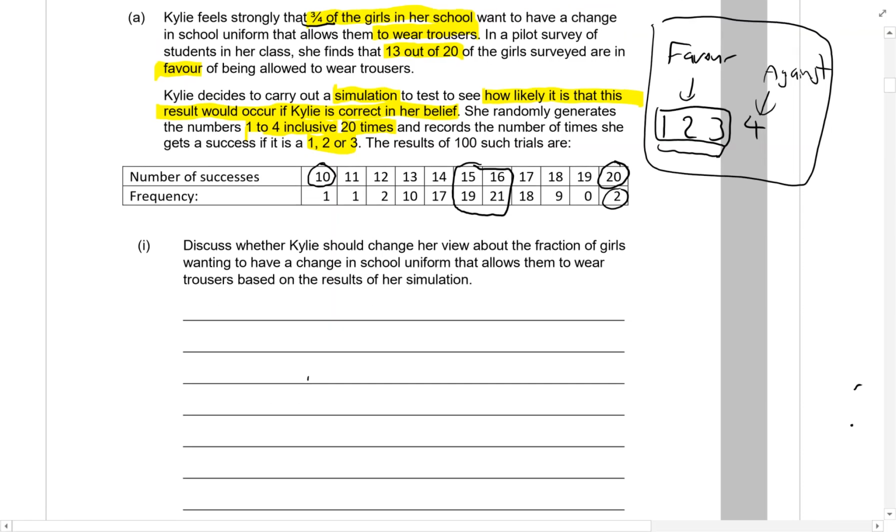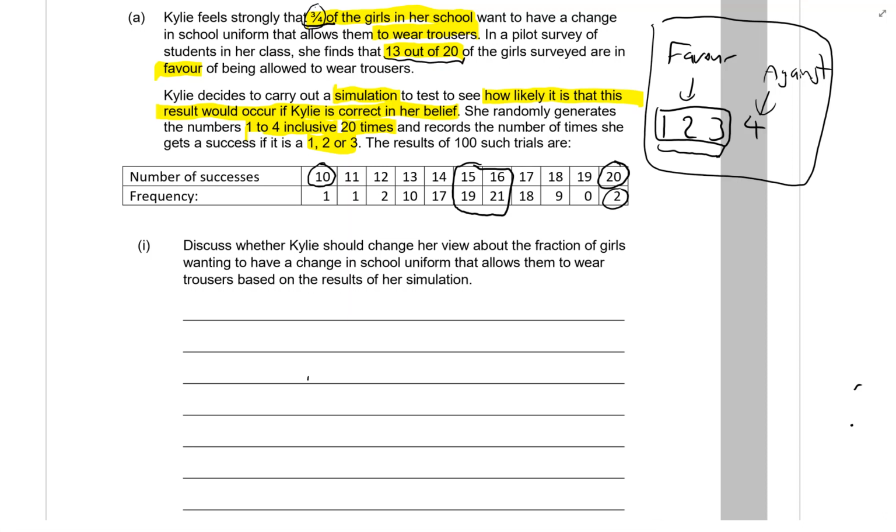So what are we trying to do here? What's the point in all this? Well, in this achievement standard, we always run simulations to see whether some experimental results, like the 13 out of 20, are consistent with a model, like the 3 out of 4. The key idea is we expect variation due to chance and other things as well, but we expect variation.